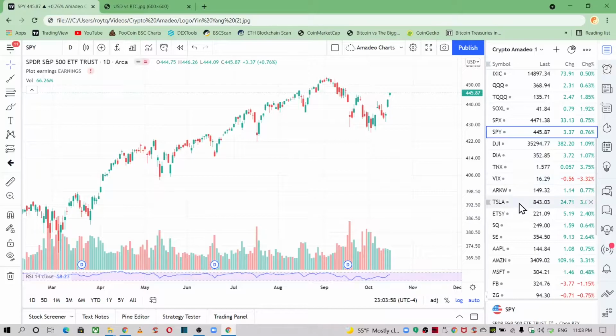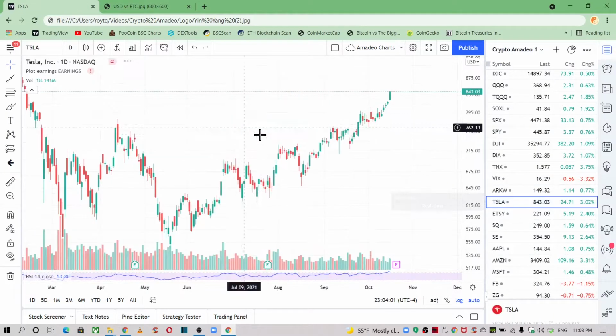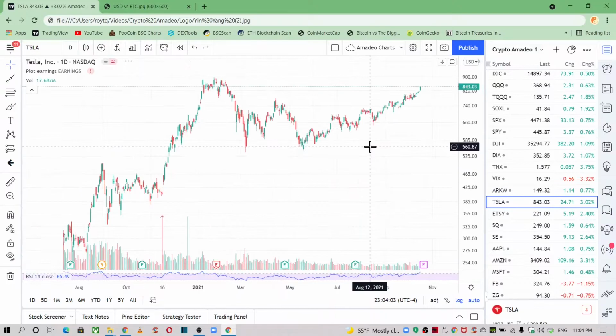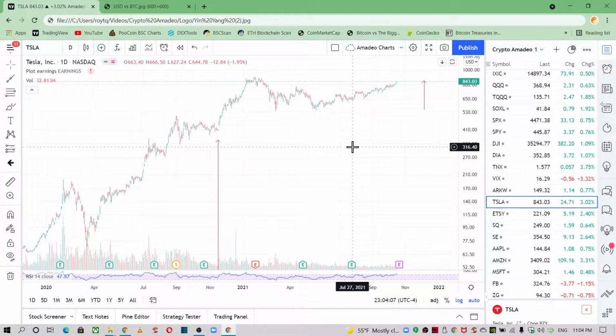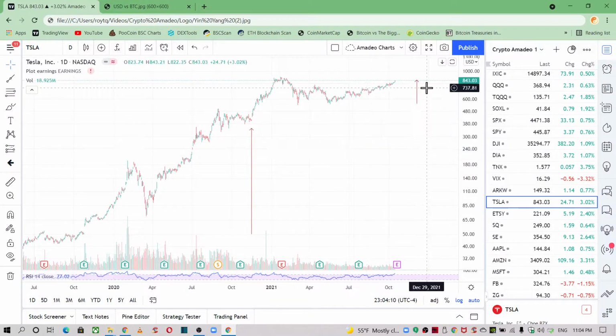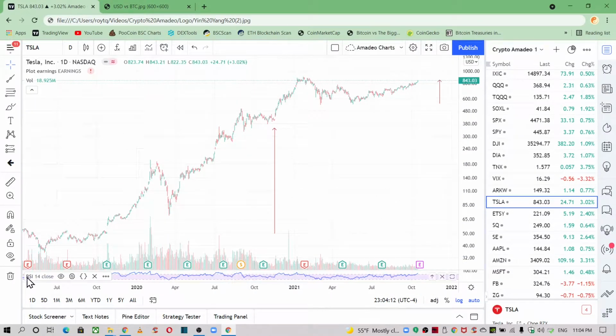Take Tesla as an example. Here is Tesla, right? If we look at the time range from March 2019 to the current time, the price range is from $35 to $800, and in this kind of big price range situation, what scale you're on matters a lot.